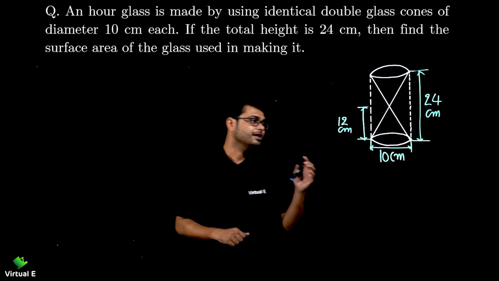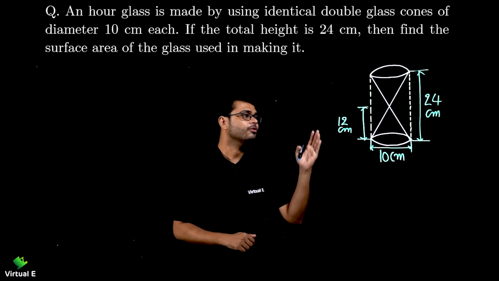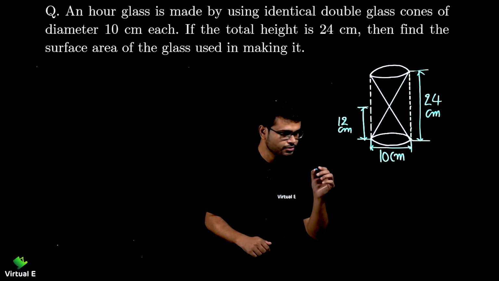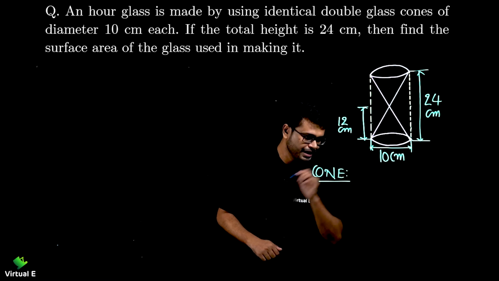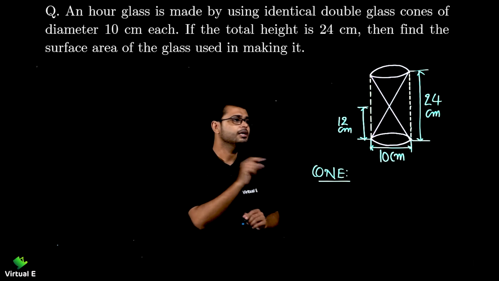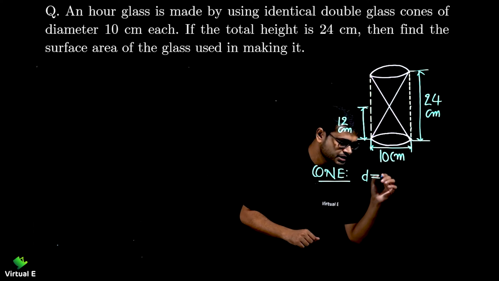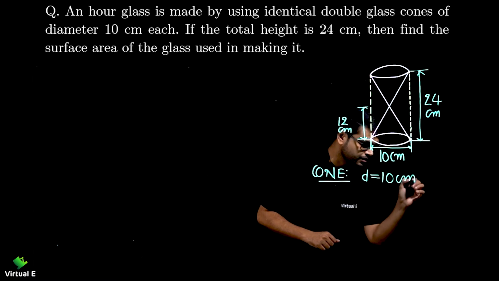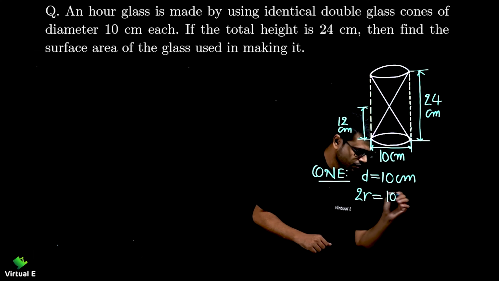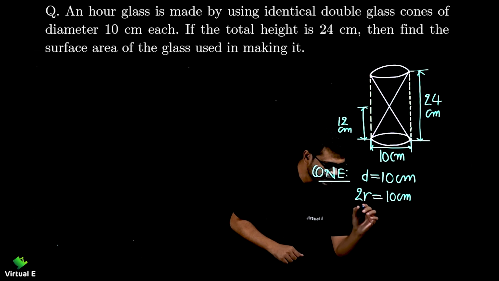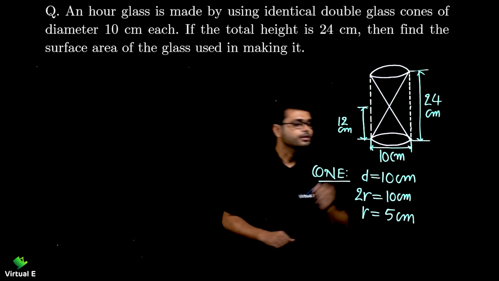So in reference to the cone, we have radius and we have height as well. Let's start with the cone and write the things that we have, and then find the surface area. For the cone we should have radius and height. It is given diameter is equal to 10 centimeter. Diameter means 2 times radius, so the radius will be half of it, that is 5 centimeter.